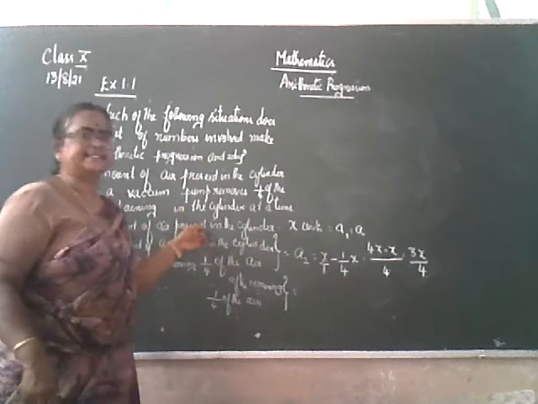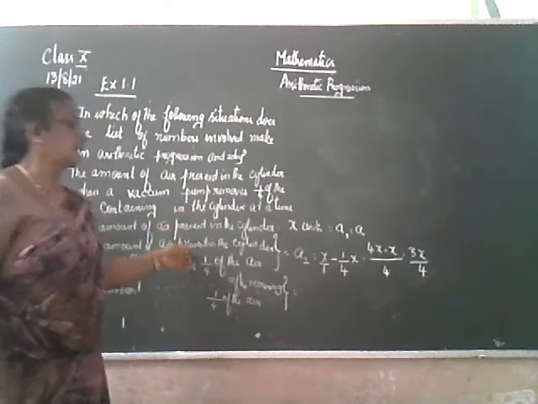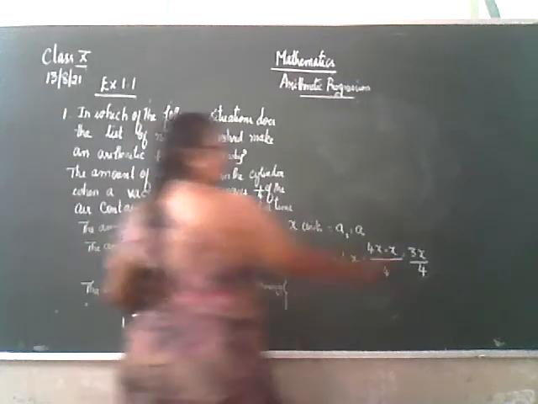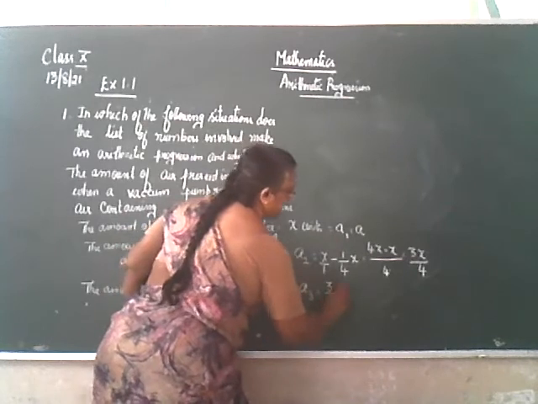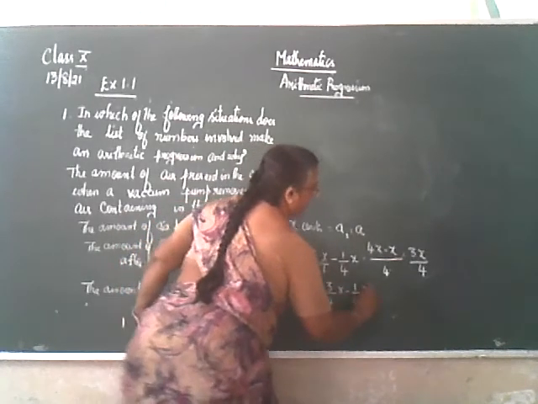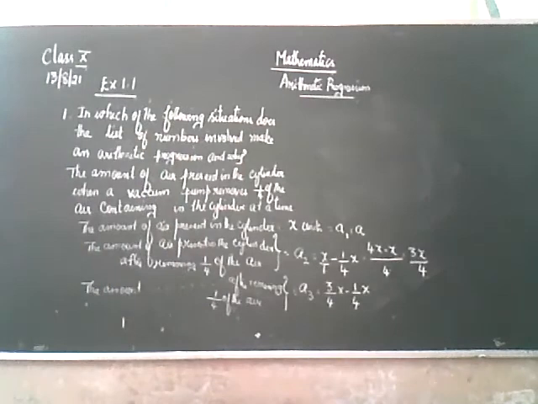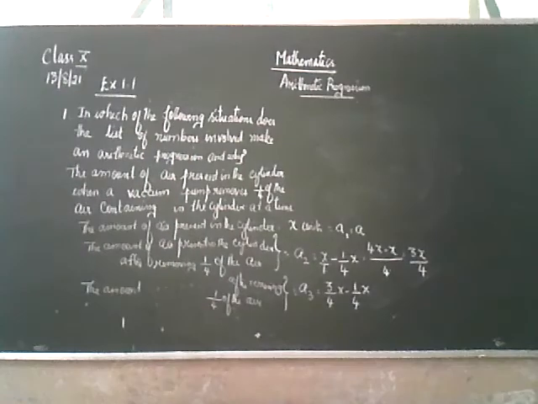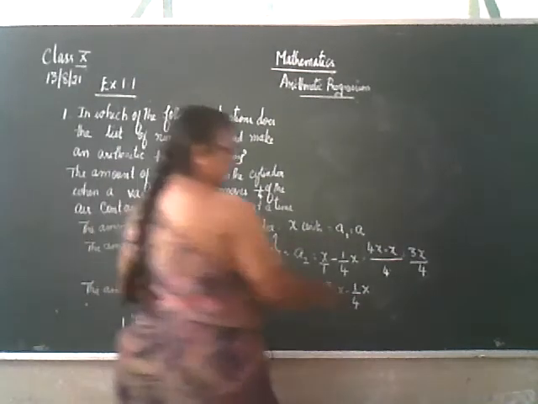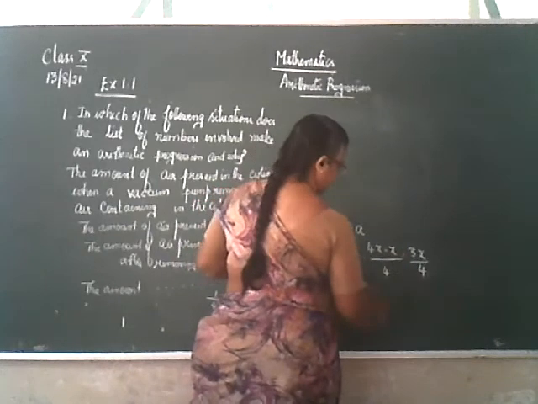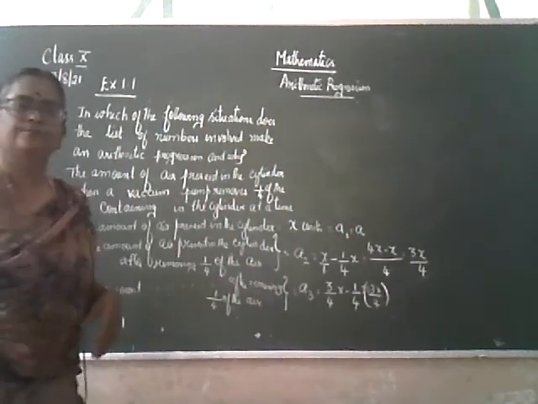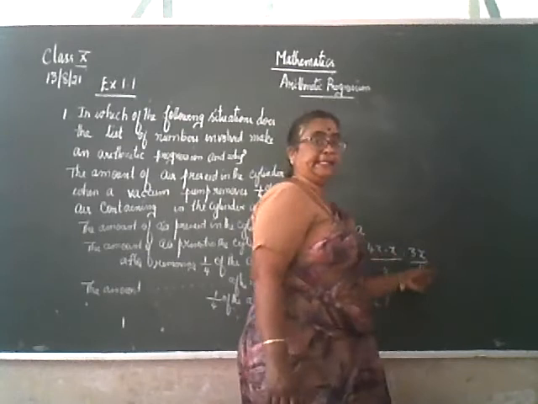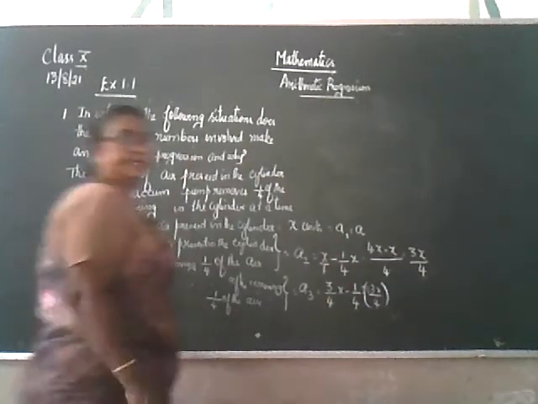First it contains A, then we are removing this. Afterwards again we are going to remove. So what is left? 3 by 4x. In that we are going to remove 1 by 4x. Isn't it? So if I remove 1/4 of the remaining, 1/4 of the remaining is 3x by 4.